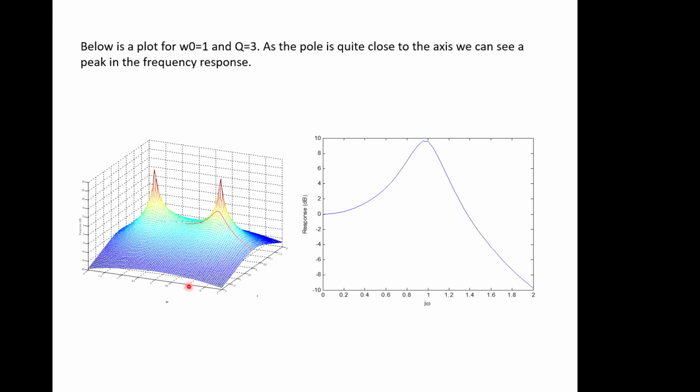So here's a plot for omega naught equals 1 and Q equals 3, because now we have two things to worry about. And that means the pole, for a Q equals 3, turns out to be quite close to the axis. So remember, if we viewed this from above, we would be seeing the pole slightly to the left of the axis, but it's not on the axis anymore. It's off the axis.